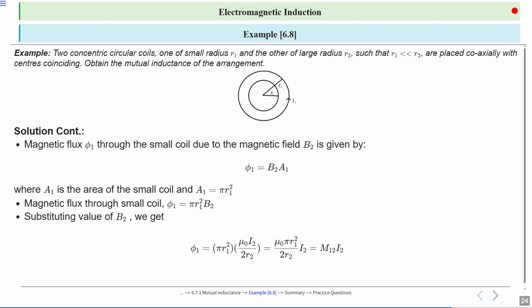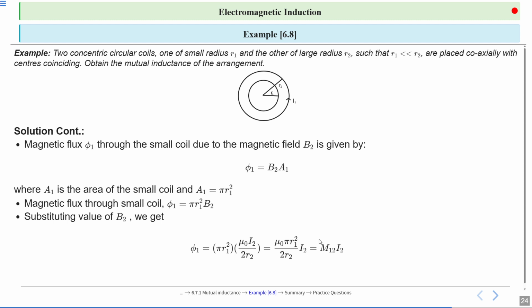We know that the flux linked with the coil is given by M12 I2. The flux linked with the inner coil will be equal to the mutual inductance of the first coil with respect to the second coil, into the current flowing through the second coil I2. So comparing both these equations, mu naught pi R1 square upon 2R2 I2 equal to M12 I2. I2 is common.